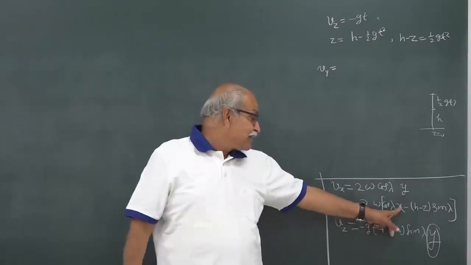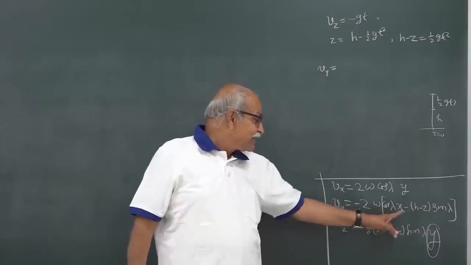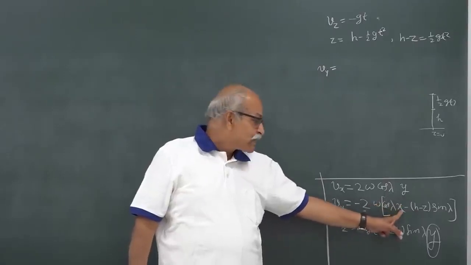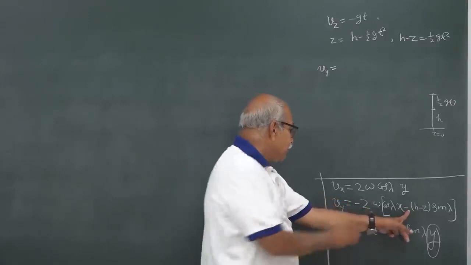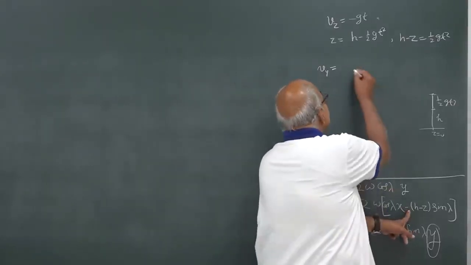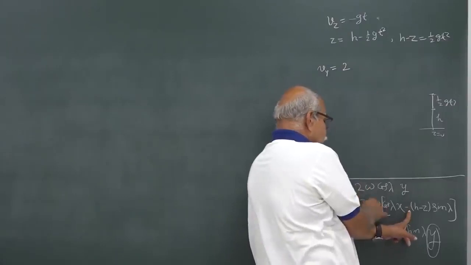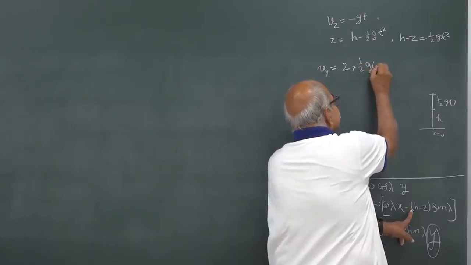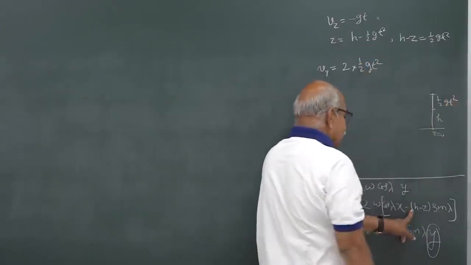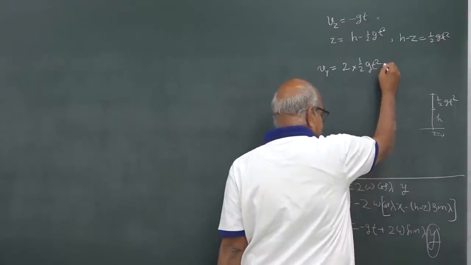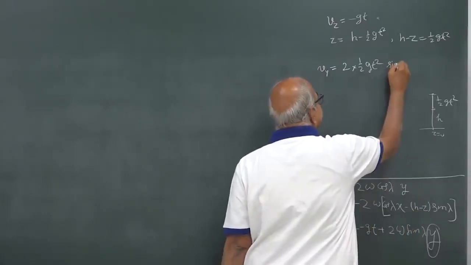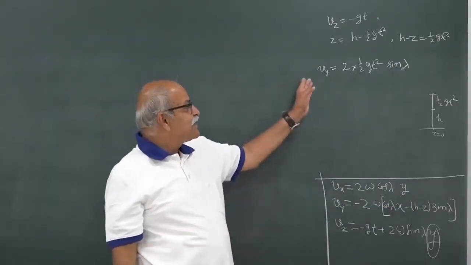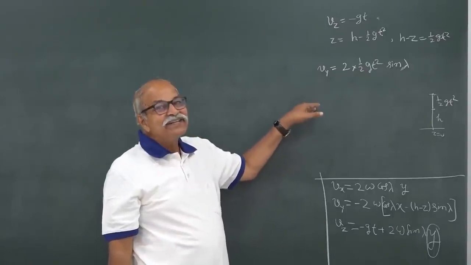This contains omega, and here is omega, so we will neglect this term because it will be of omega square type. Then come here: it is plus 2 times h minus z, which is half Gt square, times sin lambda. This is Vy, and if this is Vy, now I can integrate to get y.